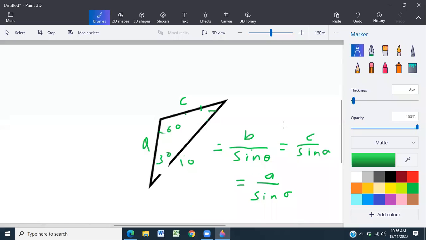We can create some sort of equation using the sine rule to solve this problem, right? So we look, B is 10, and the angle opposite it, or the angle that creates the side that's 10, is 60. So that's 10 over sine 60, and that's equal to C over sine of the opposite angle to C, which is 30.